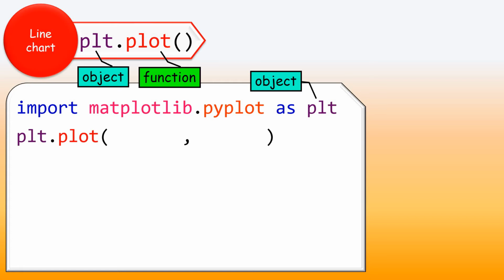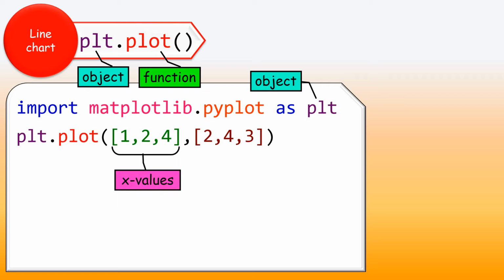As you can see, I have to now provide two parameters. The first parameter I have given as a list of three values, 1, 2, 4. And the second parameter is also a list of three values, 2, 4, 3. The first parameter will serve as the X values and the second parameter will serve as the Y values.